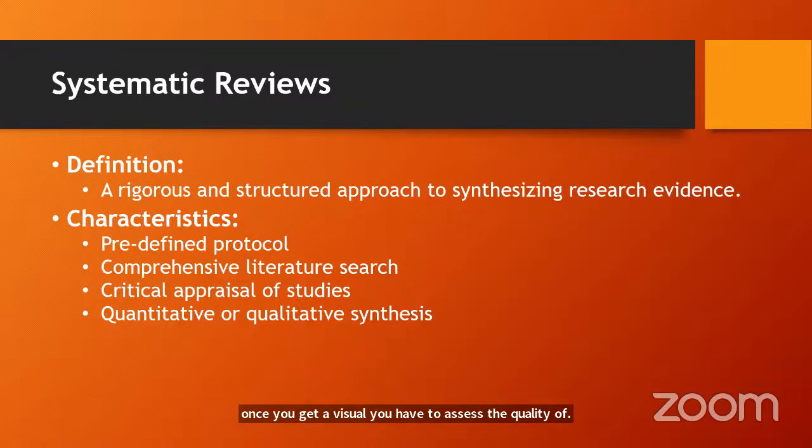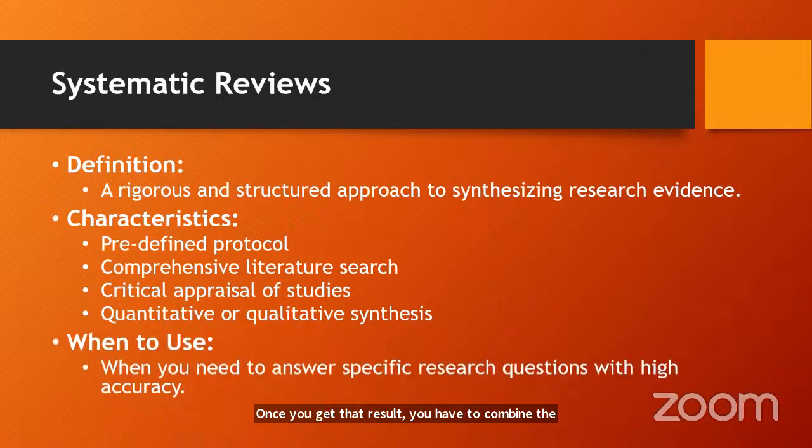Suppose person A in Nepal has done one study, and you have to check the quality of that article using lots of methods like the risk of bias tool, ROBINS-I tool. There are lots of methods to do the critical appraisal. Once you get the result, you have to combine the result using statistical or thematic analysis.